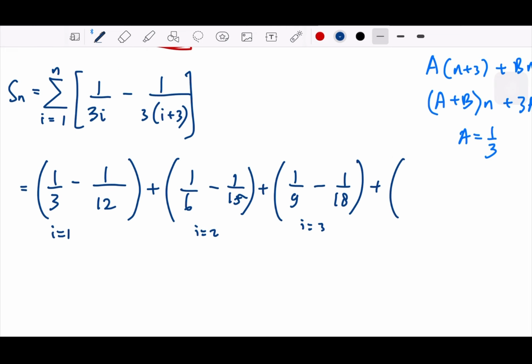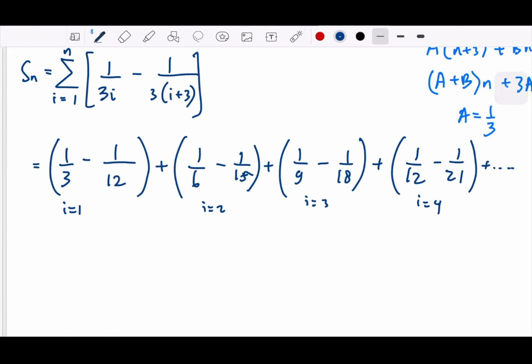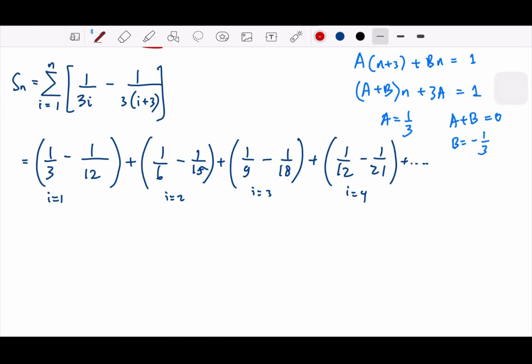And then another one is 1 over 12 and minus, okay, now this is, I think, a better approach. Now it's not directly canceling, but you will see that every time you have 1 over 12, and then the third order after the first order. So 1, 2, 3, you will cancel this.